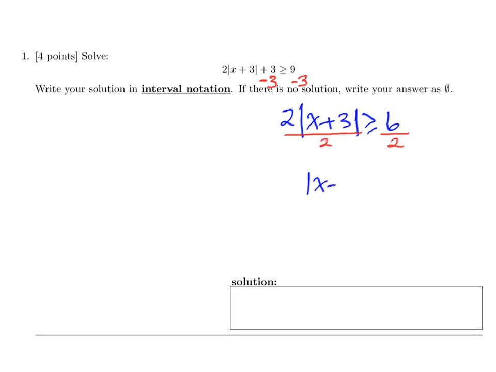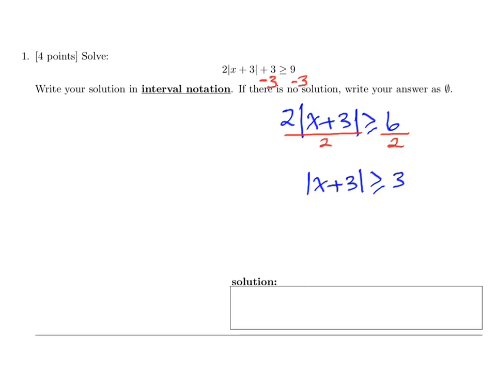And we're left with the absolute value of x plus 3 is greater than or equal to 3. Great. Now we have to remember the absolute value of a number is the distance that number is from 0. The number inside the absolute value here is x plus 3.